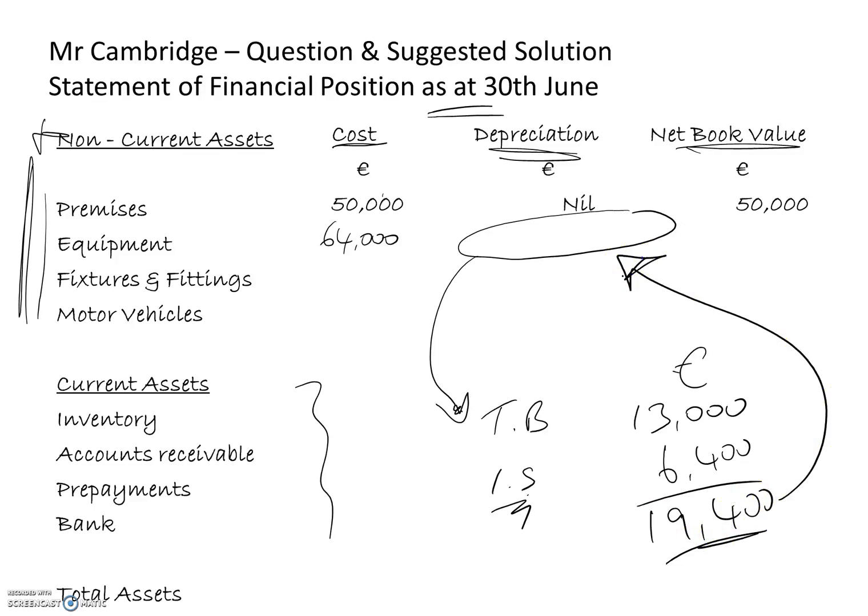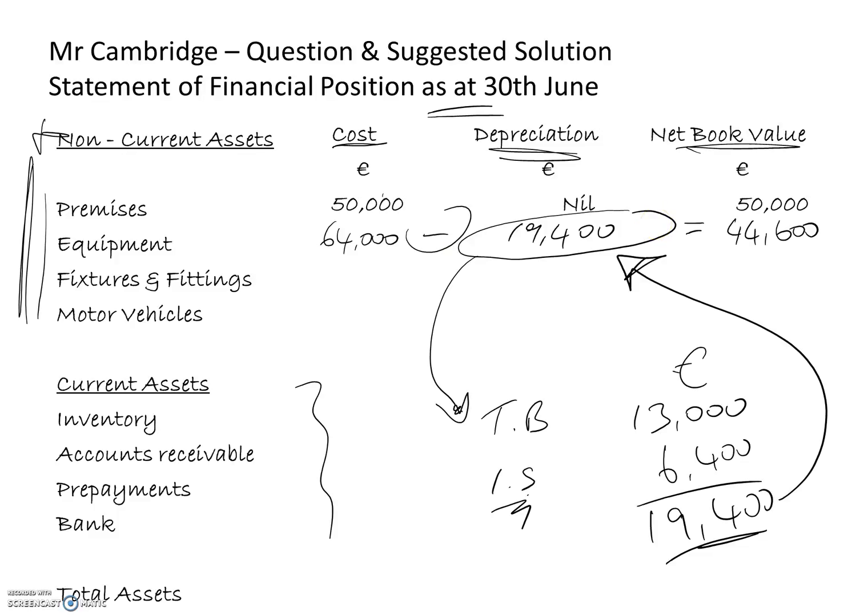Now that's the figure that goes in there, 19,400. So I'm going to have my cost minus my depreciation equals my net book value, which will be 44,600. Now you don't actually have to put in the minus and equal sign, but that is effectively what you're doing.